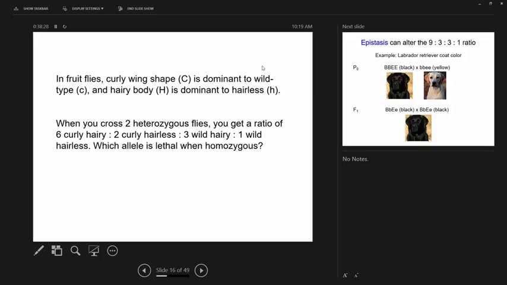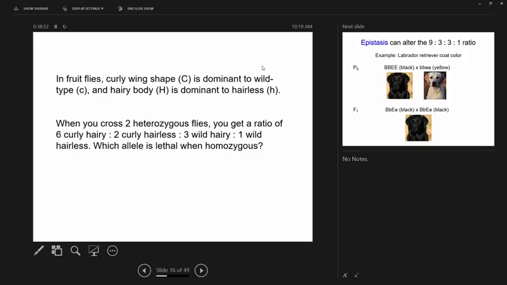What we want to do is eliminate the possibilities, right? So which of these four classes has the correct number of members for the ratio? Yep, this one and this one, right?